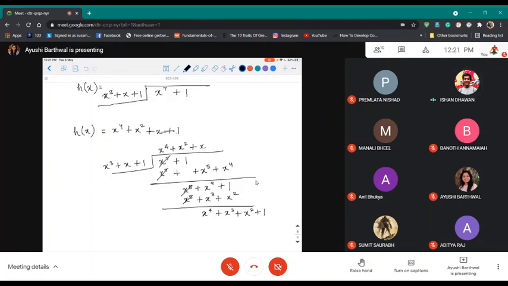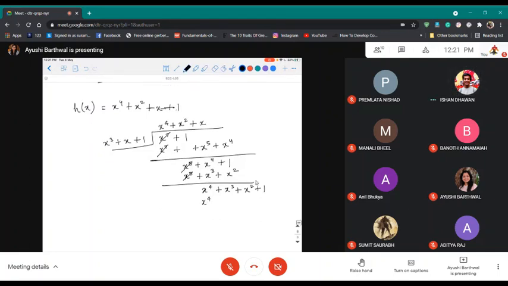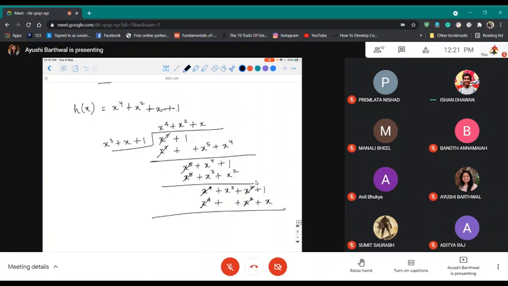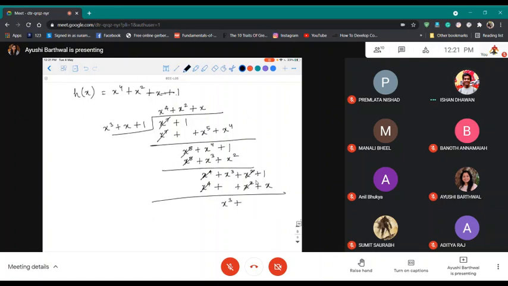We'll get x4 plus x square plus x. Again this will be cancelled, this will be cancelled. So we'll be left with x cube plus x plus 1. That means we have to add 1 now, and we'll get the same coefficient. So our h(x) would be x raised to the power 4 plus x square plus x plus 1.